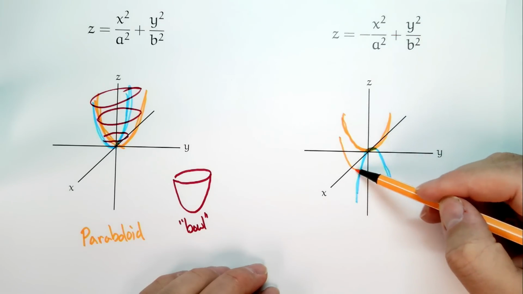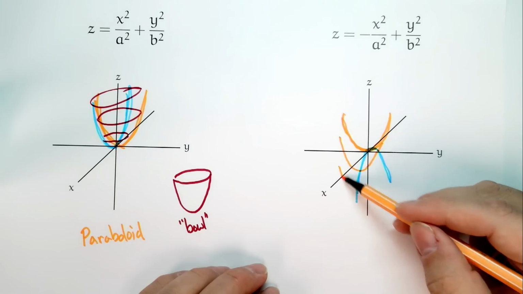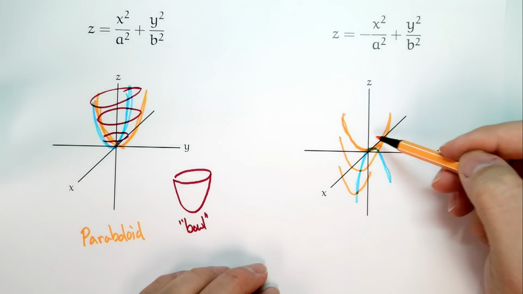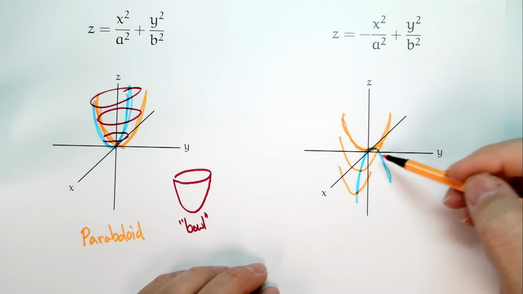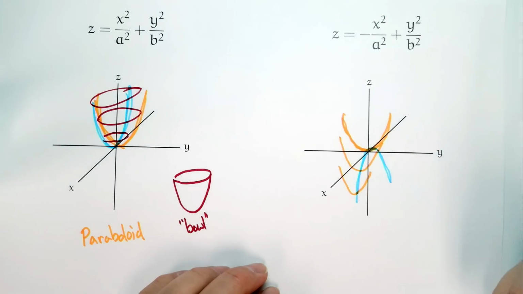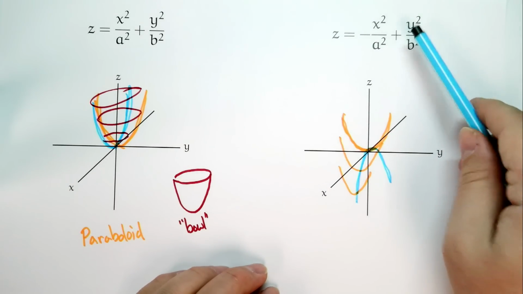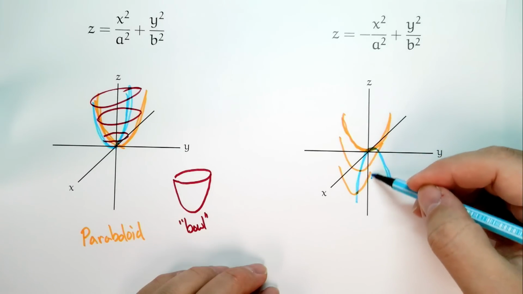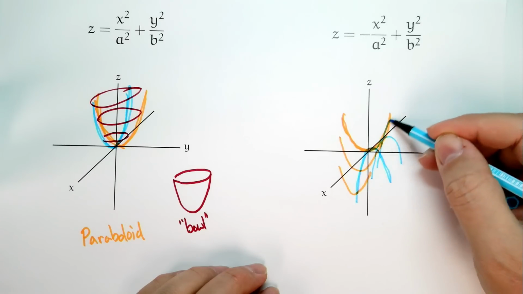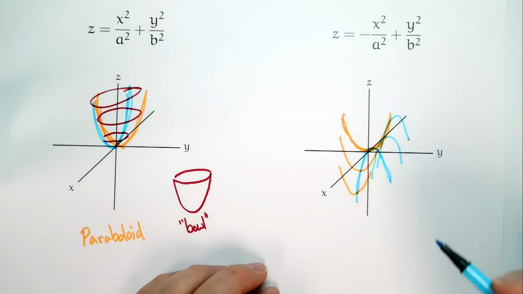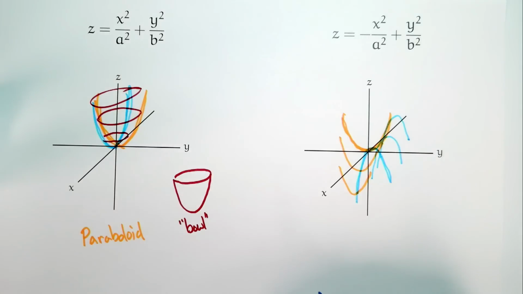So as I move along, I'm going to move down. On the other hand, if I had pulled out my other color, blue, and varied y, I'd start seeing a parabola that's moving up. And so that's okay.